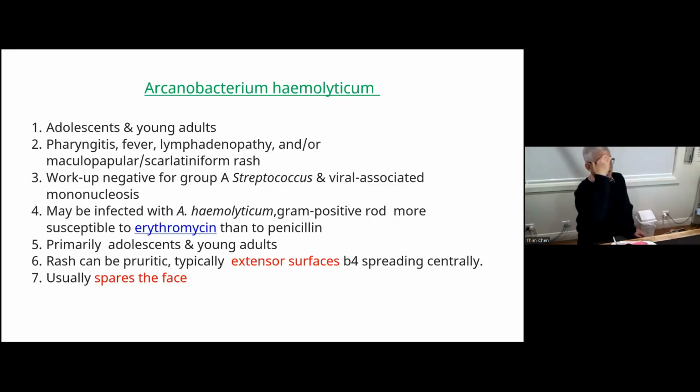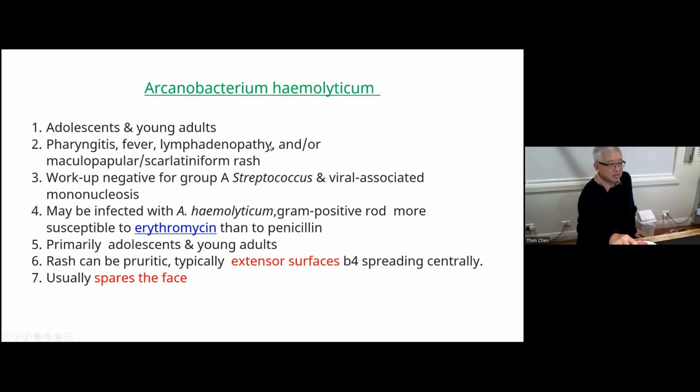Then this is an interesting thing because this is a new bacteria. So Arcanobacteria is new because I did a microbiology degree before I did a medical degree. And when I did microbiology back in the late 70s, we hadn't heard of this bacterium. They call it Arcanobacterium haemolyticum. It comes in adolescents. You can have the same thing as any group A and virus associated.